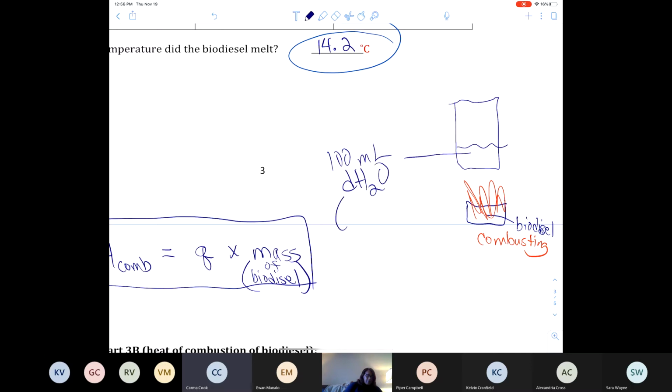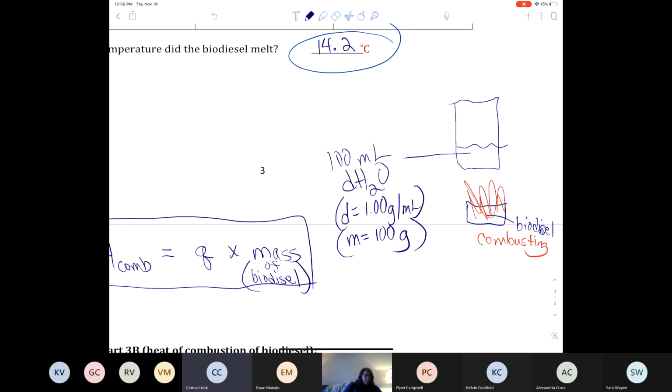So it's pure water with density 1 gram per milliliter. So therefore, if I've got 100 milliliters of pure water, that means the mass is 100 grams. Because the mass is going to be equal to the density times the volume. And if the density is 1 and the volume is 100, then the mass is 100. So I'm going to be heating 100 grams of water by the heat that comes from the combustion of the biodiesel.